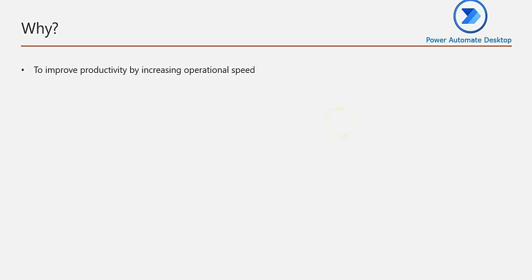Now, why do we need to use RPA? As seen in the demo, it can improve productivity because the operational speed of any day-to-day operations done by a human is increased because of a bot, because of an automation. Obviously, because it's an automation doing this, there is a reduction in human errors.